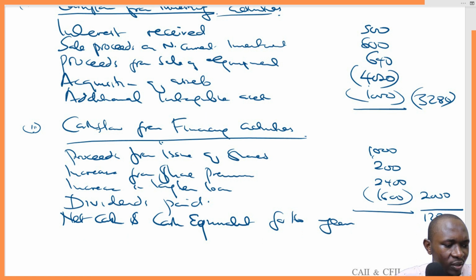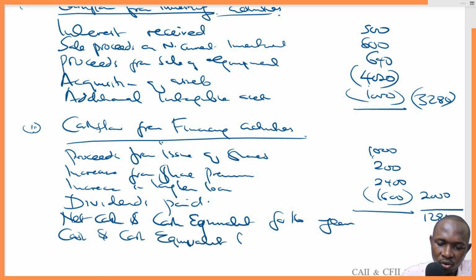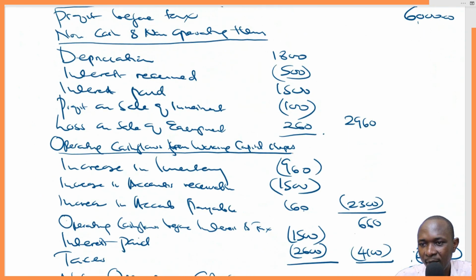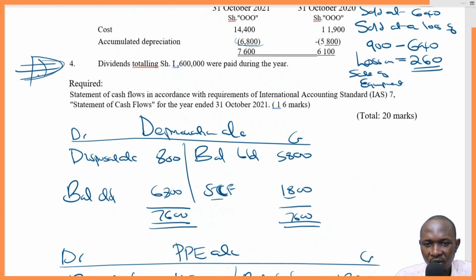Now, we are going to add cash and cash equivalent brought forward. That is what we started with at the beginning of the year.